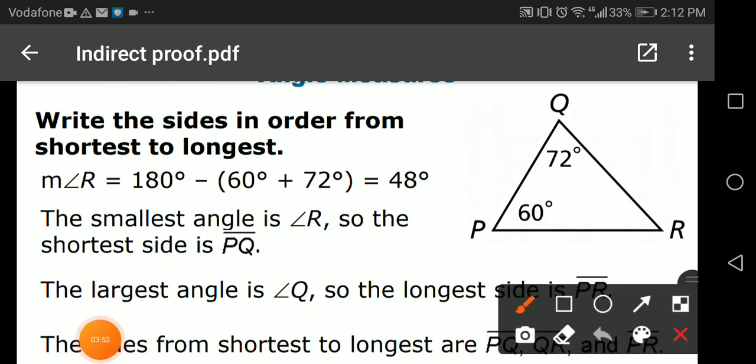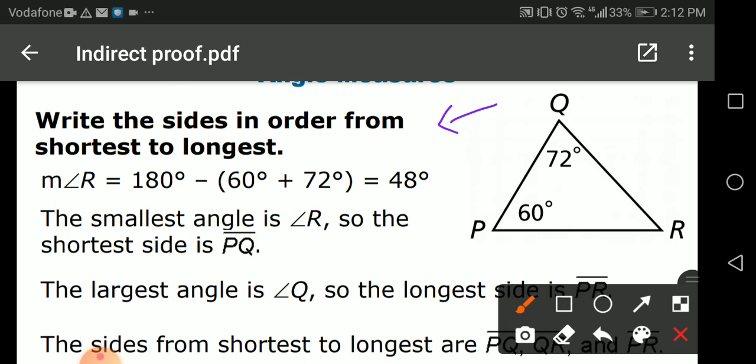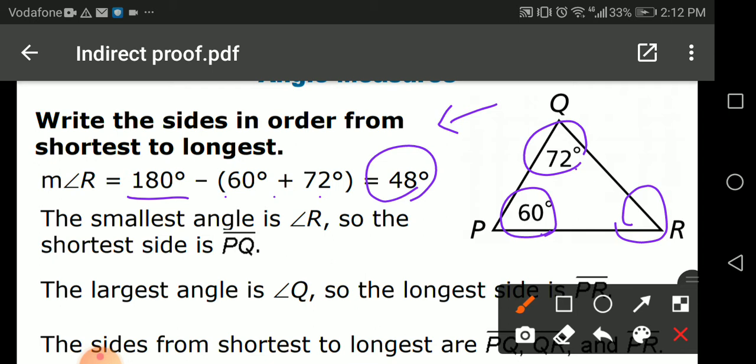We have another example. Write the sides in order from the shortest to longest. He gives me two angles, and the last angle is missing. So I add 60 plus 72, and 180 minus the sum gives me 48, right? So I write the answer for angle R, 48 degrees. So we have 48, 60, 72.